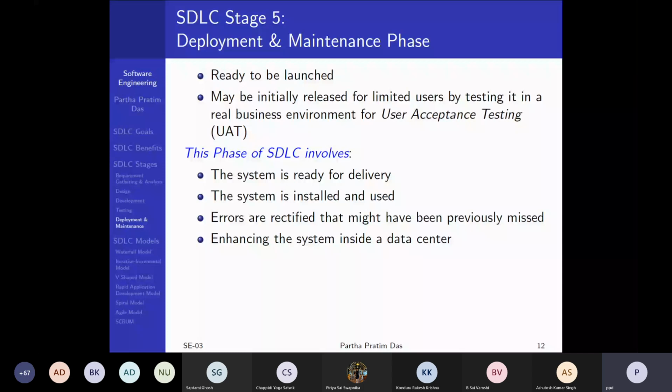But the deployment phase has its target of passing the user acceptance test. The system is ready for delivery, installed in the user environment. Errors that might have been missed previously are rectified, and you empower the system to become eligible to go inside the data center where it should reside. That's a very generic model that we are talking of.